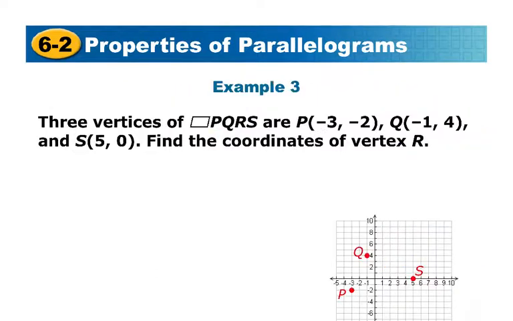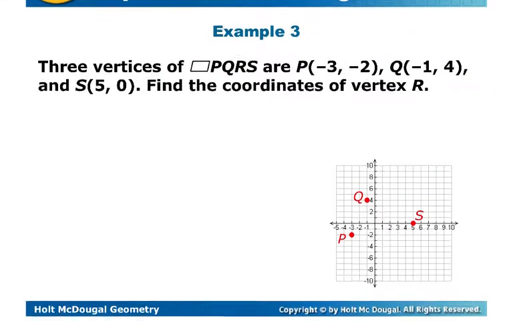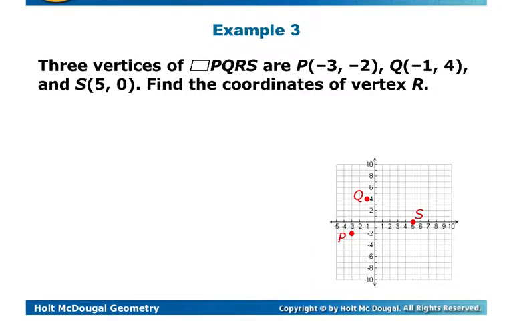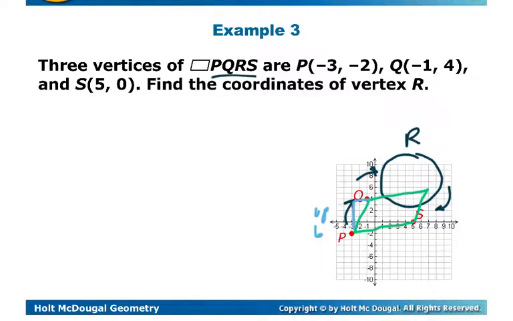So then we have our last one, which again is finding that last piece. So PQRS, meaning P to Q to R to S. So that means that R is going to have to be in here somewhere, because we do want it to follow in that order. So P to Q to R to S. And so taking a look at how this is formed, if I want to make the parallelogram so that R is kind of up here, I need to go from P up 1, 2, 3, 4, 5, 6, and over 2.